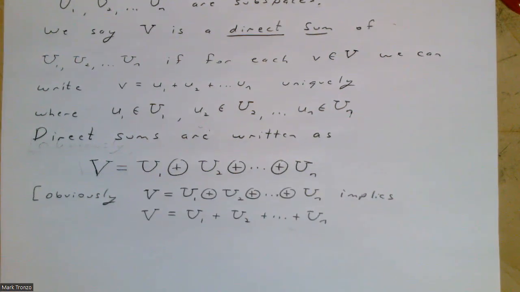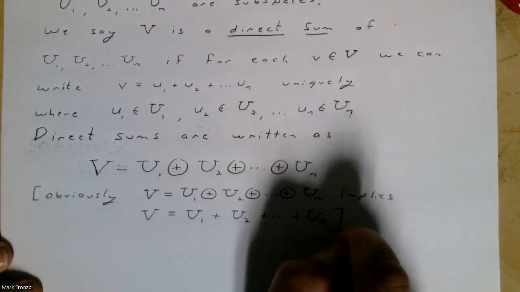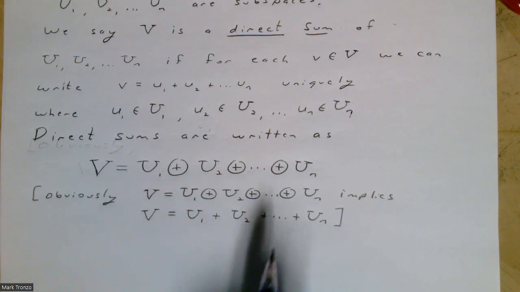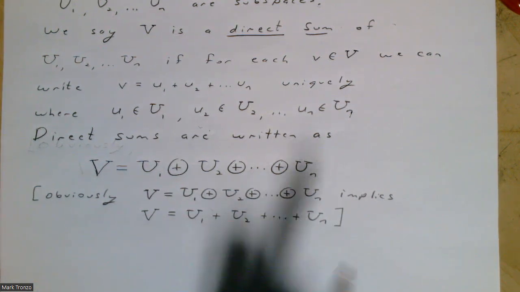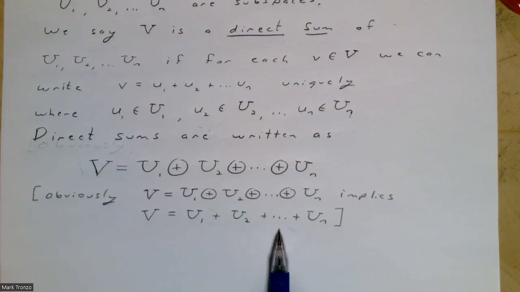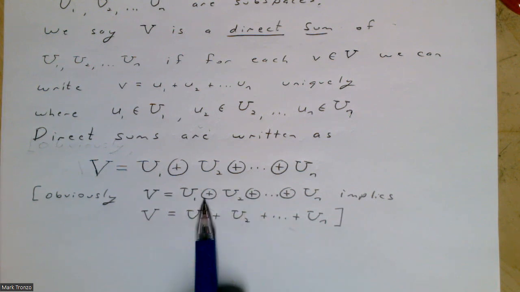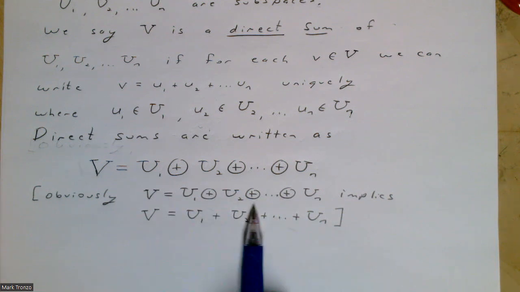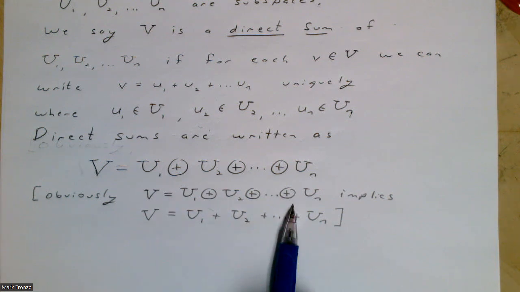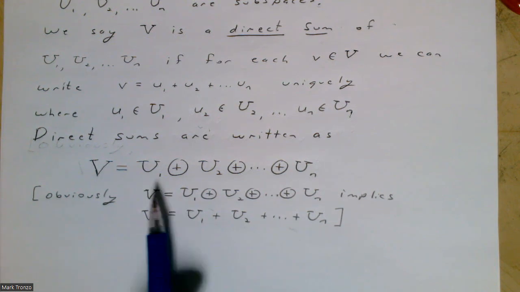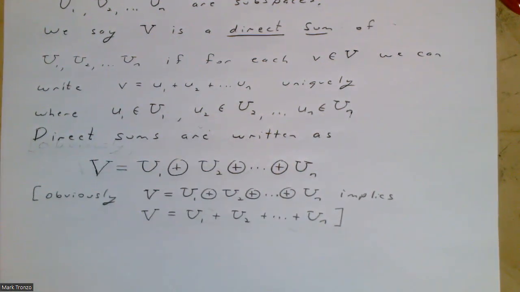Now, of course, this sum does not imply direct sum, but a direct sum does imply this, because this just means that every vector in V can be represented by a sum of vectors from these subspaces, but this does not imply uniqueness. The direct sum implies both that you can get the sum of each vector in V, and that it's unique.